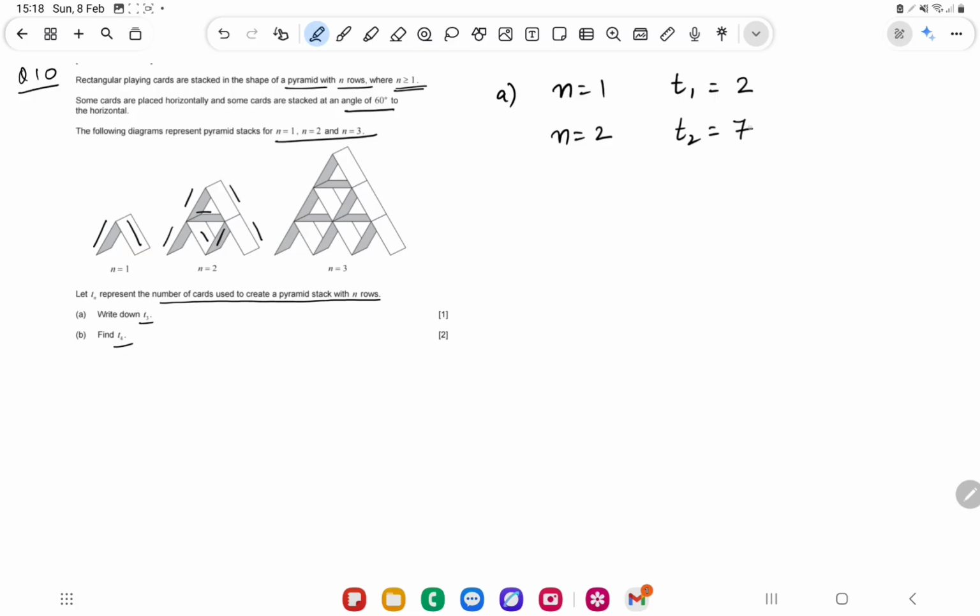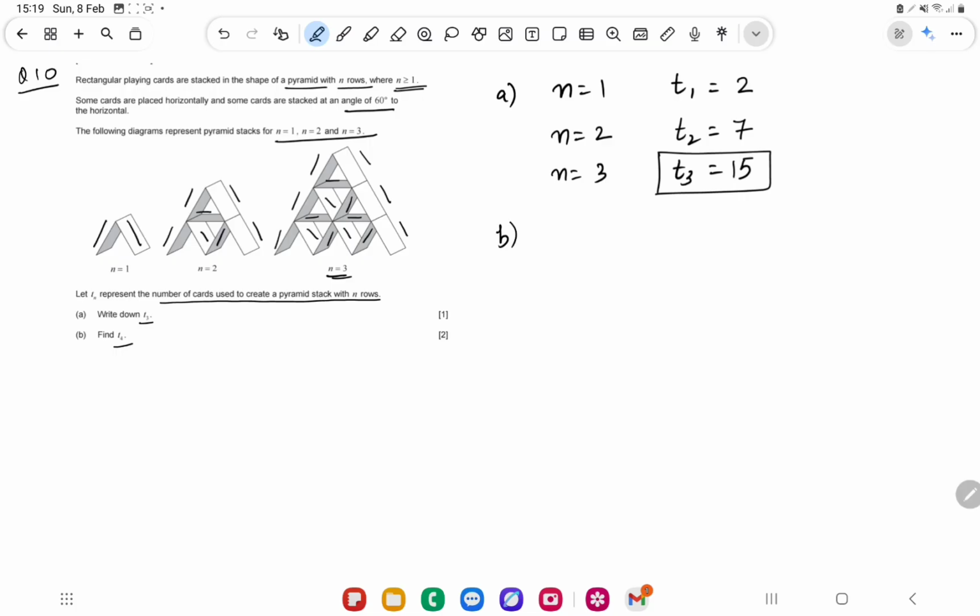The total cards are 7. Like that, if you find for the third one, the total cards will be 15. So for part A, my answer will be total cards are 15, and you can count also 1, 2, 3, 4, 5, 6, 7, 8, 9, 10, 11, 12, 13, 14 and 15. So this is how you can count.